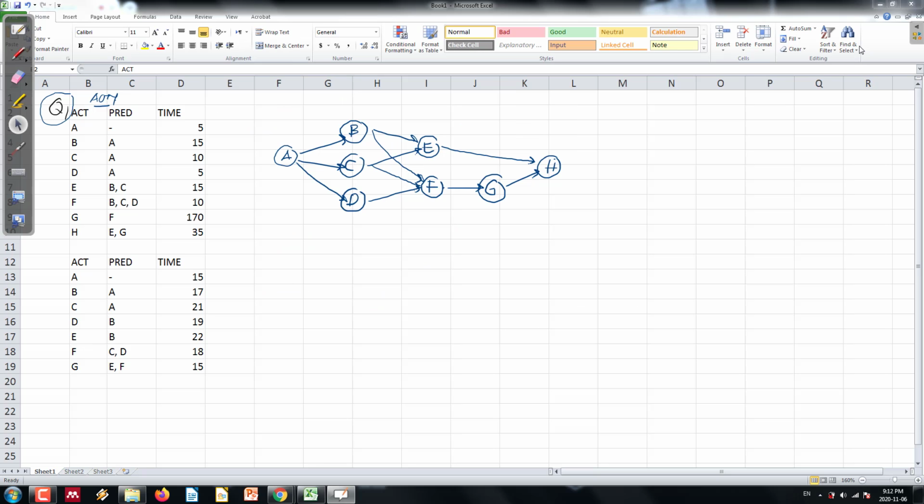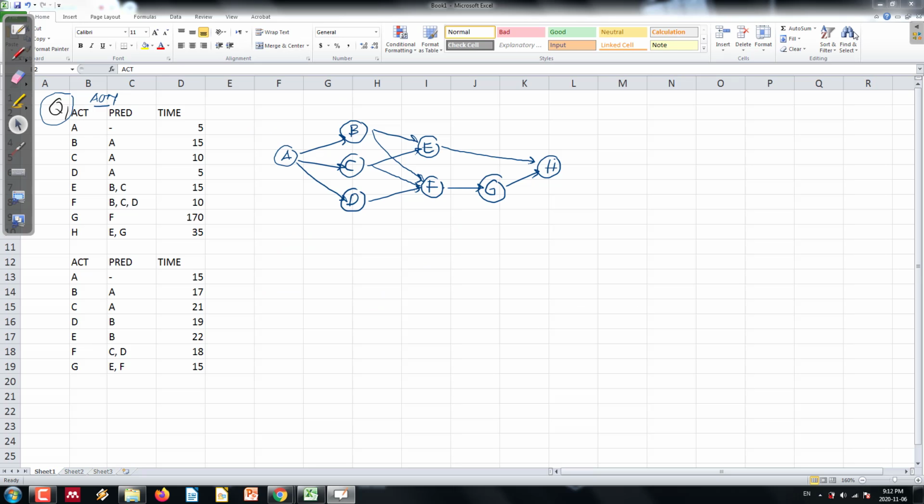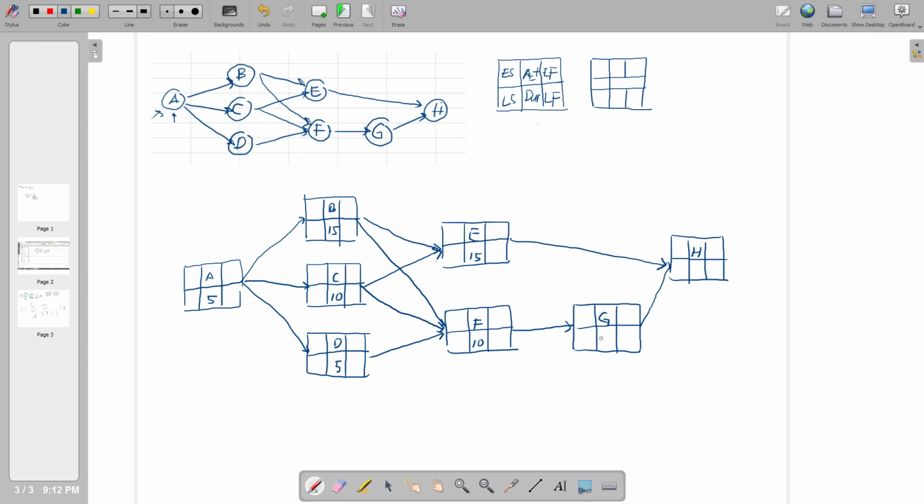Right, now we need to input the duration. Activity A is 5, B is 15, C is 10, D is 5, E is 15, then F is 170 and G is 35.